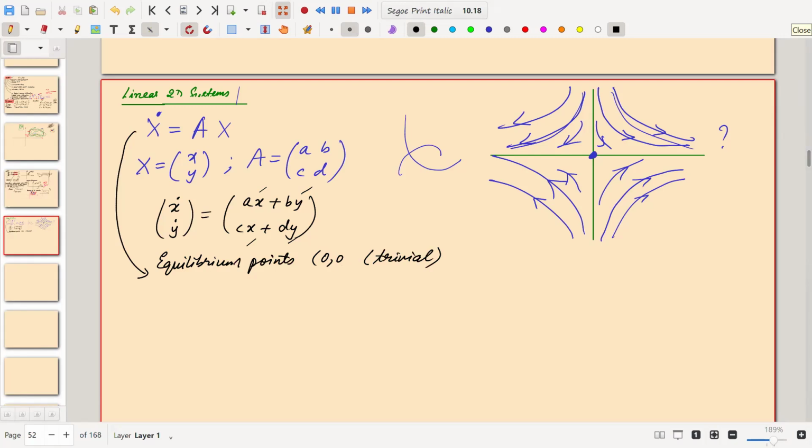Agree? Now, when this equilibrium point is stable and when it is unstable, that's the idea. Fine. Okay.